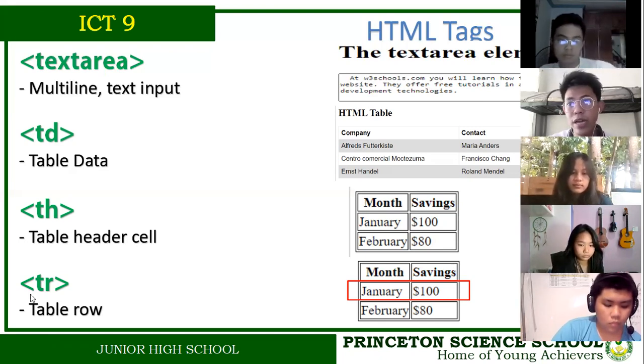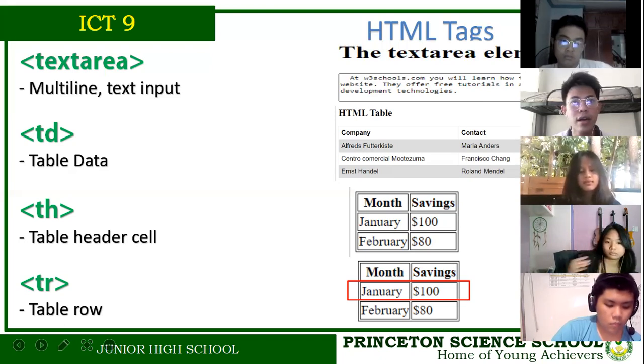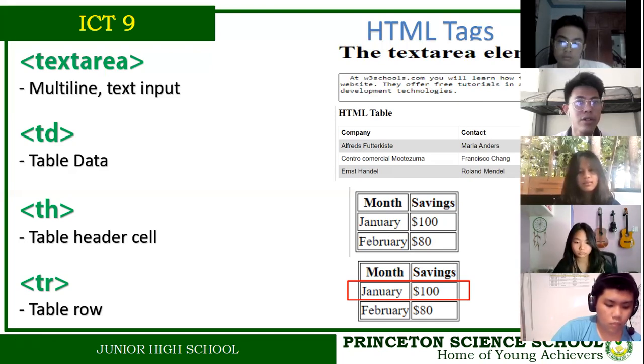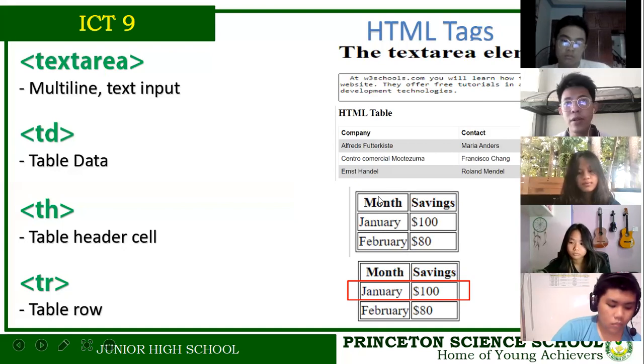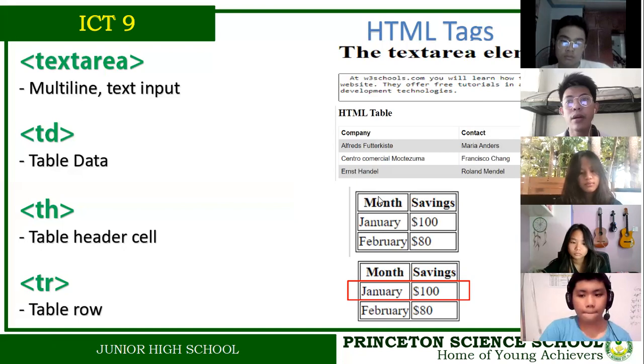Okay, same goes for the TR, which is the table row. We don't know yet where the contacts of Maria Anders or Francisco Chang are positioned in our table, so the TR is the one responsible for assigning them as table body content.